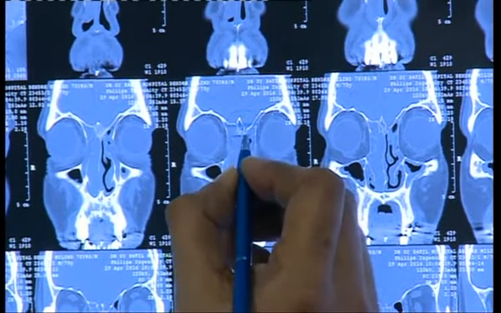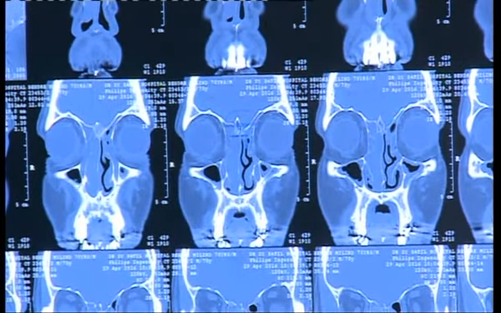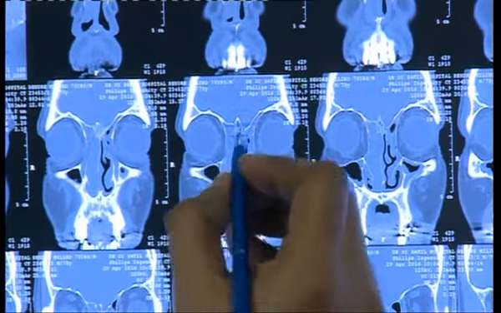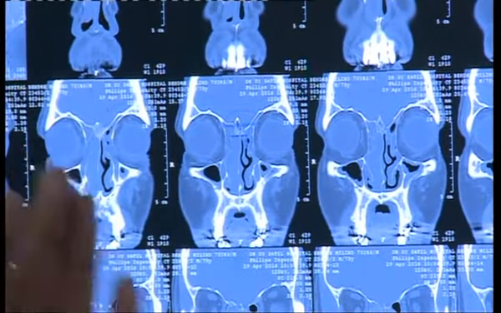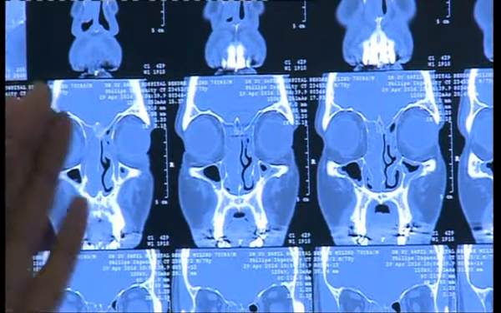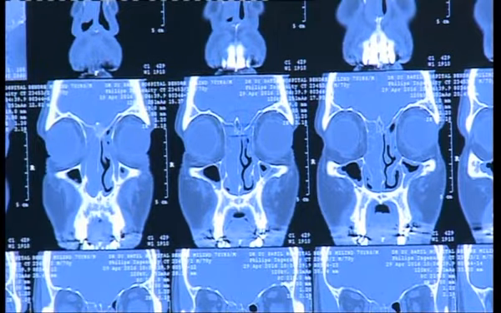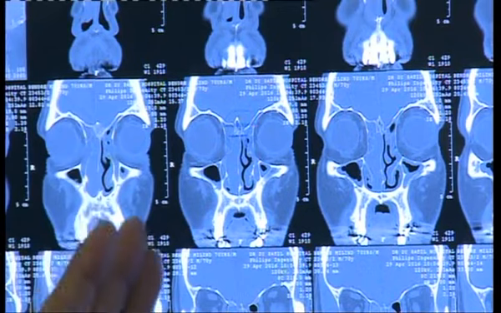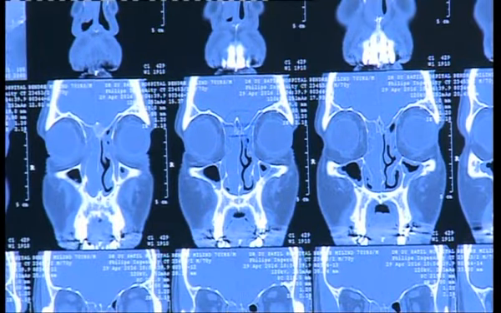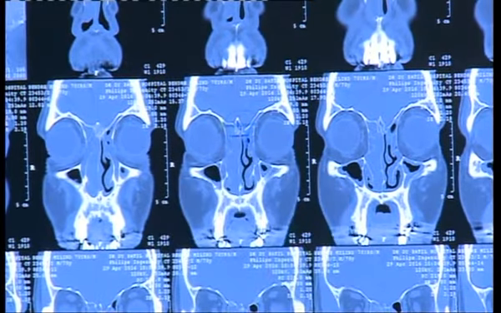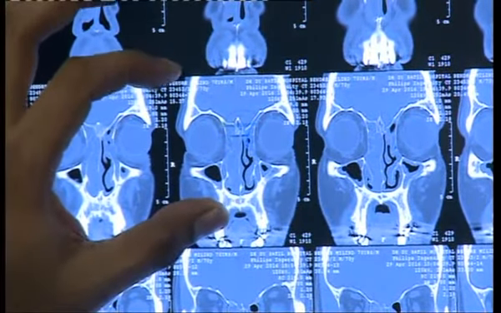If the lateral lamella is too long, you have to stay in relation to the lateral lamella with your instrumentation, so you have to be very, very careful. If it is too long, you are in relationship for a longer distance where you are working, so chances of injury are more if you are not careful, if your instrument all of a sudden hits. So in this patient, this is Keros, that's what the Keros classification defines.